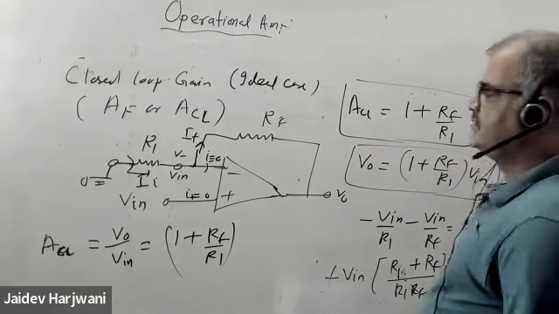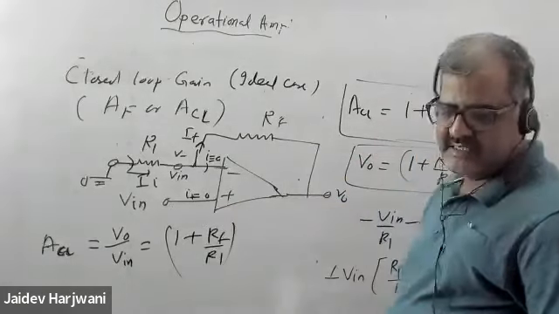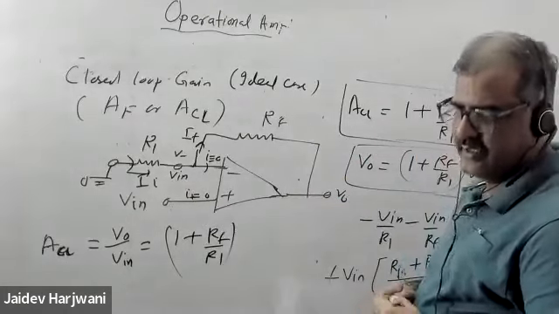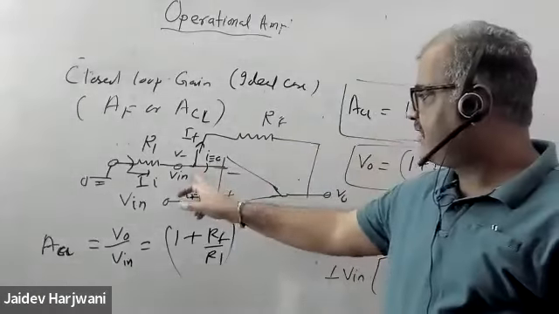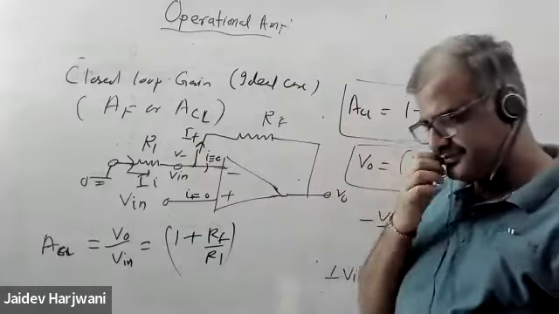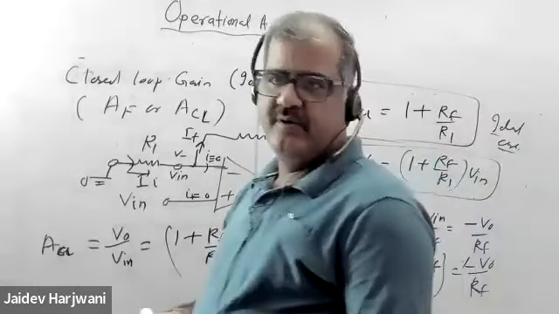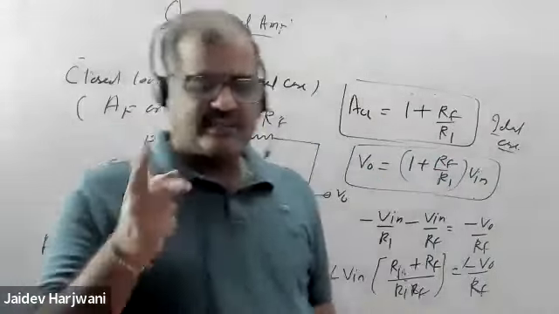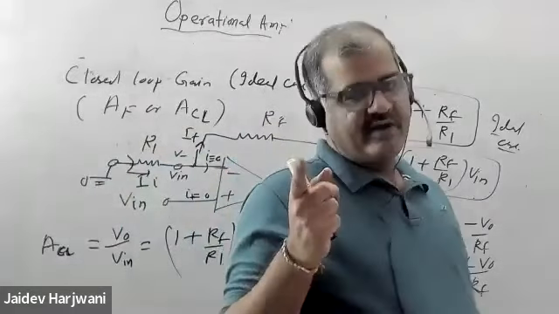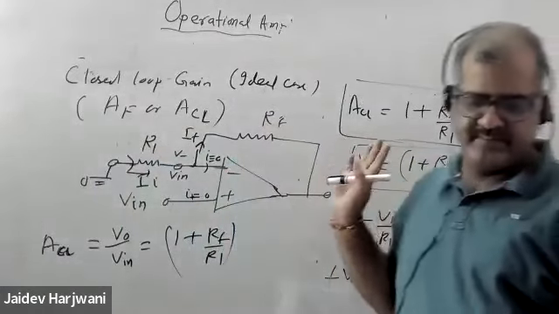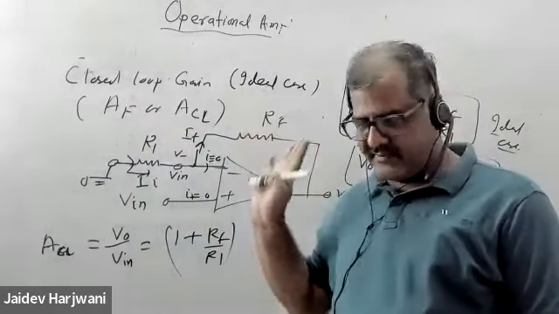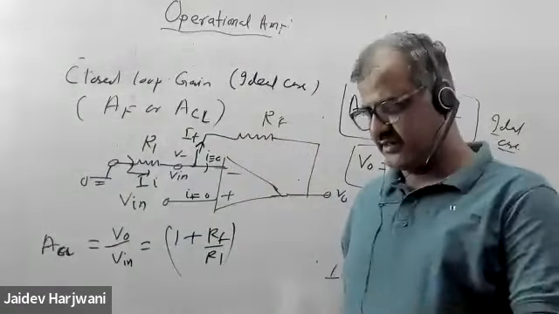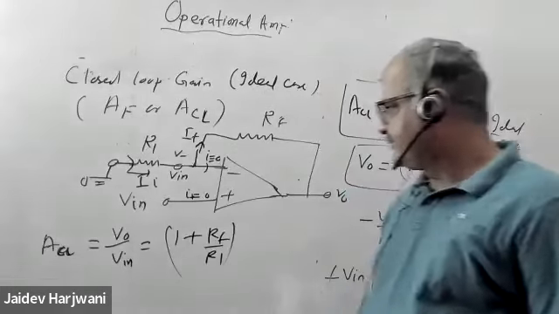Ideal case means the virtual ground concept is valid. Virtual ground concept is valid means the voltages of these terminals will be the same. Now you also have to remember one thing: the virtual ground concept is only valid when your output is not saturating. When the output saturates, then the virtual ground concept is invalid. We'll see when we do some problems.